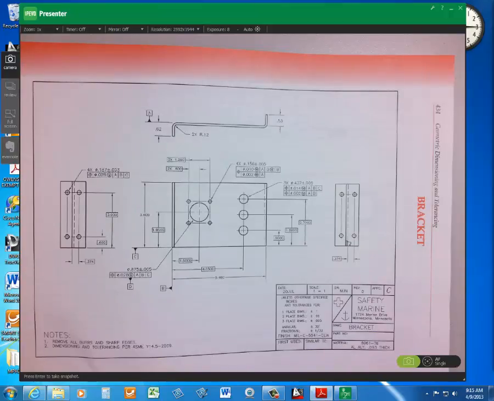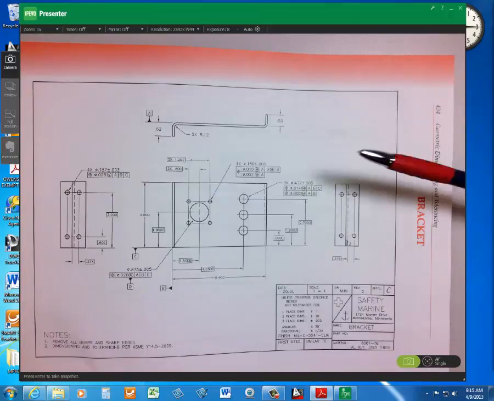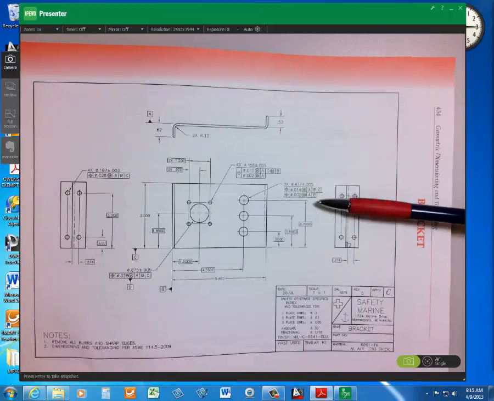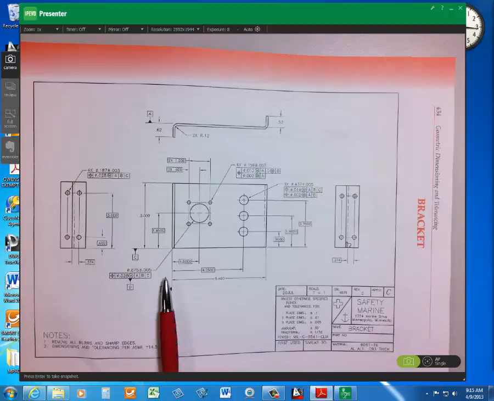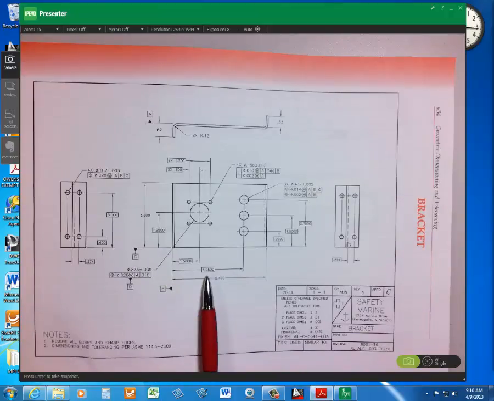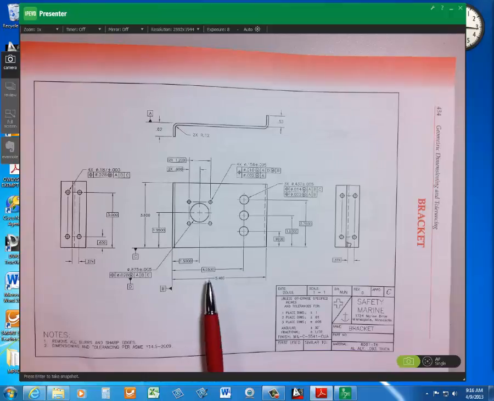Both the pattern locating zones and the feature relating zones must remain the same distance from the secondary datum, since B is the one common. A, of course, is perpendicular. Then B, which is from this edge, and basic dimension of 4.05.